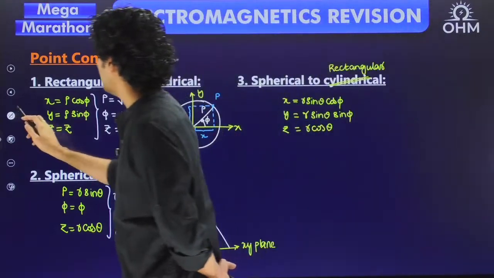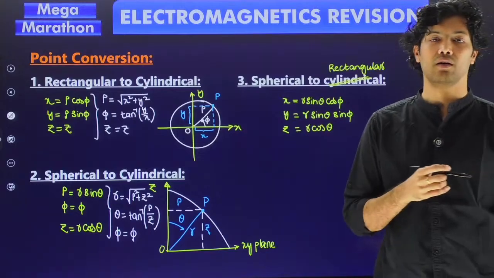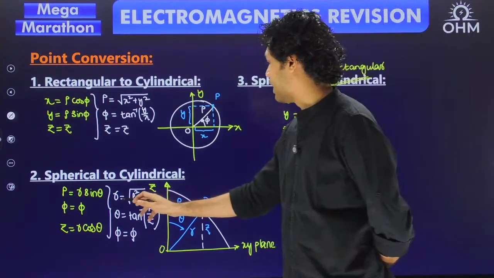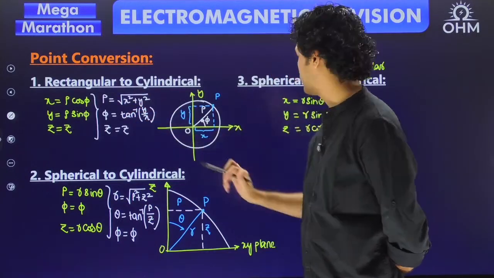Lastly, the reverse, which is how to get r, theta, phi from x, y, z. Here r squared is equal to rho squared plus z squared, but rho squared itself is equal to x squared plus y squared.